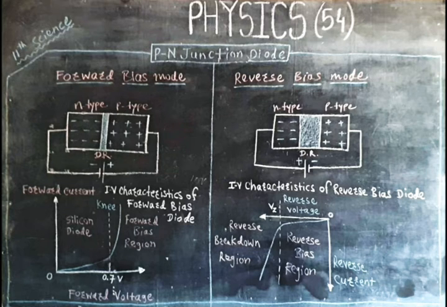Now we will talk about forward bias mode in detail. When the width of the depletion region decreases, the PN junction will offer very low resistance. Because of that, it will create a path for high current to flow across the junction.